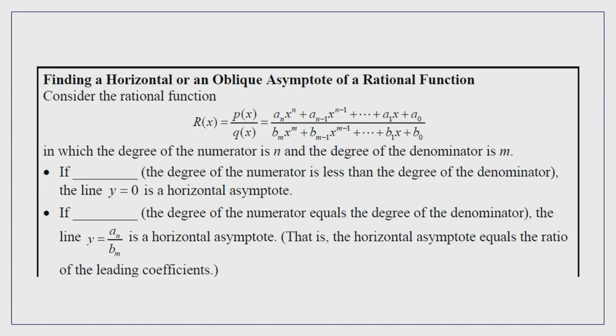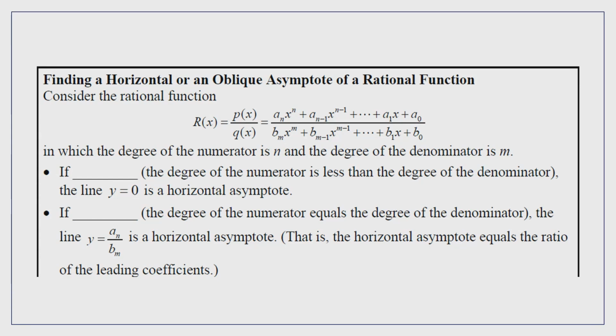So let's consider a rational function where we have p of x divided by q of x. So we have 2 polynomial functions, one in the numerator and one in the denominator. We're going to give the degree of the numerator n and the degree of the denominator m.